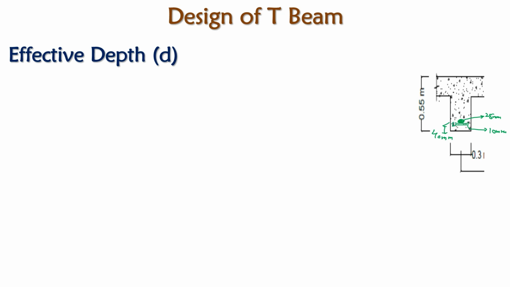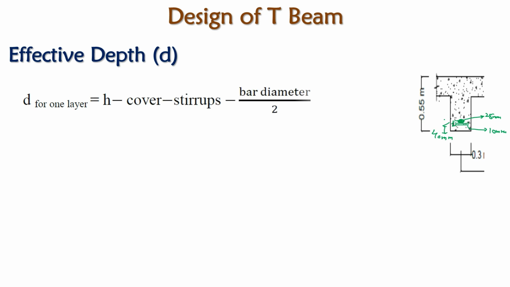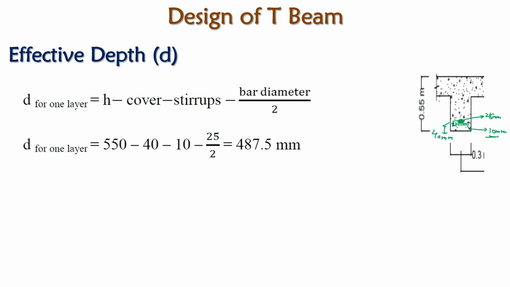So D for one layer of reinforcement is equal to H, the total height 550, minus the cover, 40 millimeters, minus the stirrup dia, 10 millimeters, and minus half of the bar dia, 25 by 2. Simply we write 550 minus 40 minus 10 minus 25 by 2, that will be 487.5 millimeters. We can call it DE or DT. This is the effective depth of the beam.